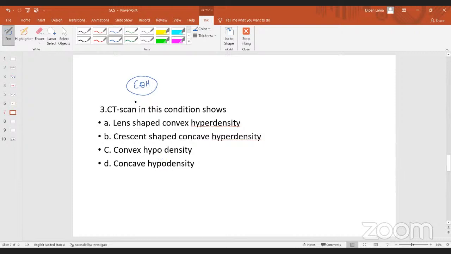In EDH, there is lens-shaped, lentiform, convex hyperdensity. Crescent-shaped concave hyperdensity is seen in subdural hematoma. This is the case of epidural hematoma, so the answer is lens-shaped convex hyperdensity.